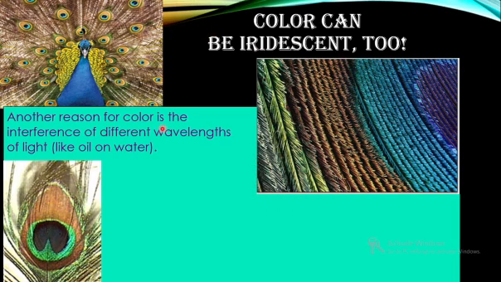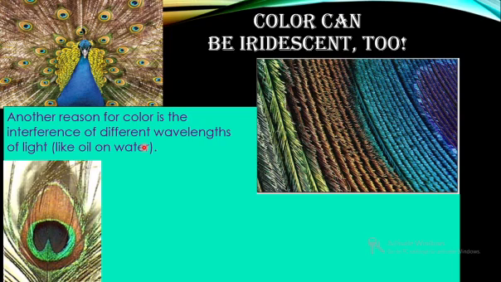Another reason for color is interference of different wavelengths of light, like oil on water. You would have experienced oil film on road where it looks like a colored pattern. So the same thing happens on peacock feather also.